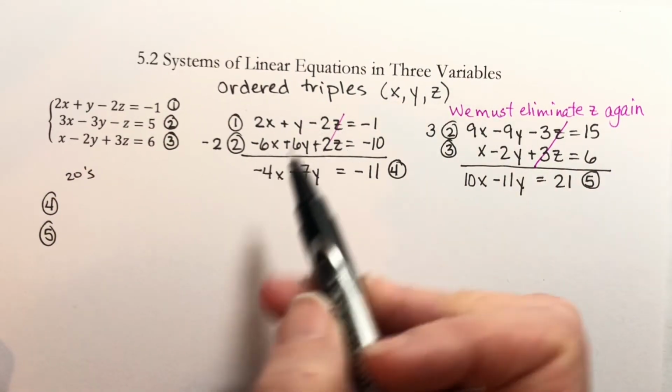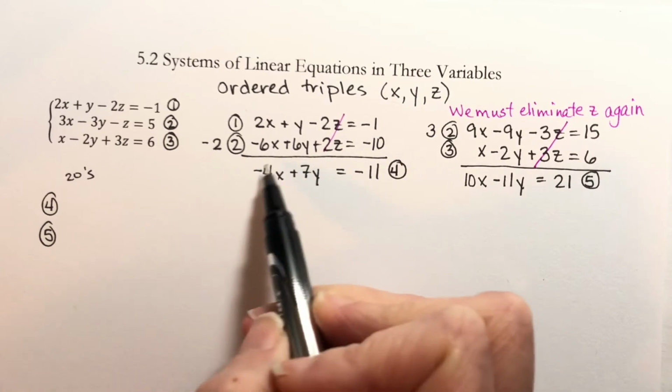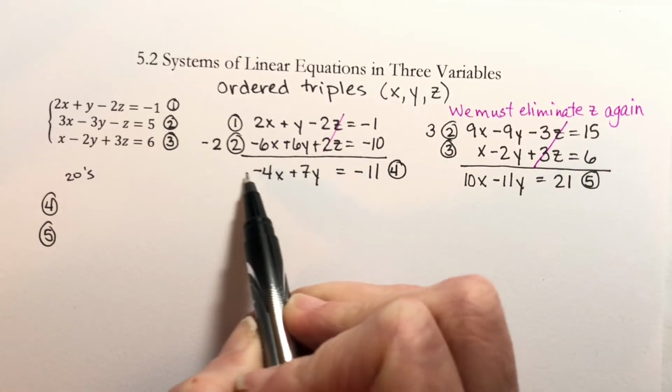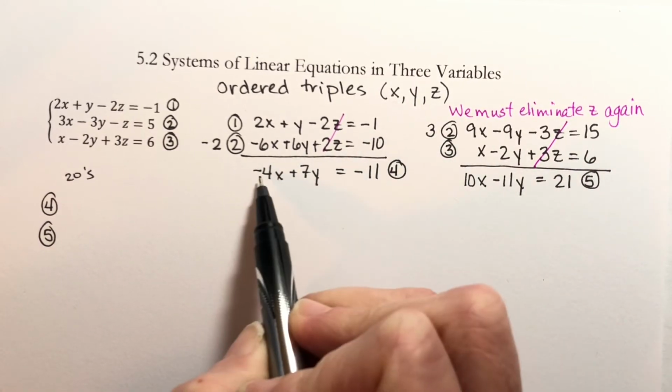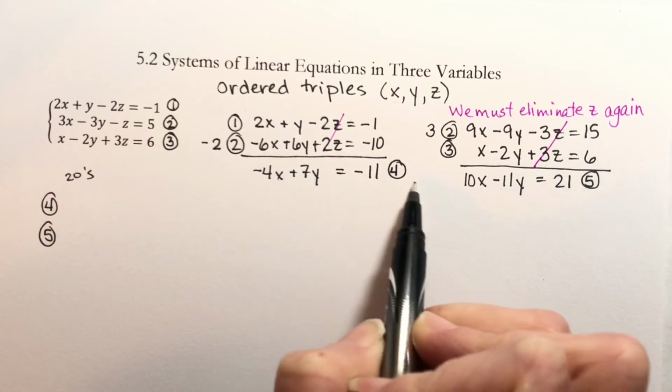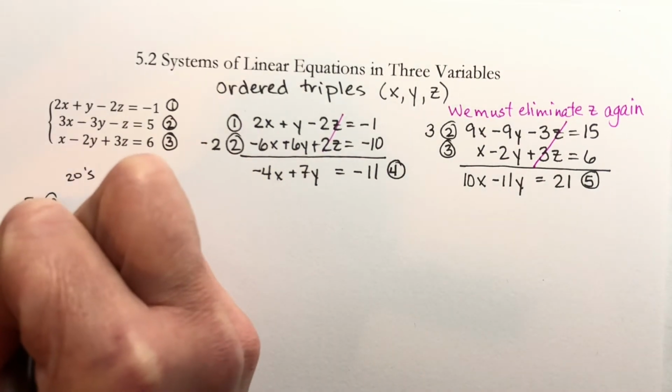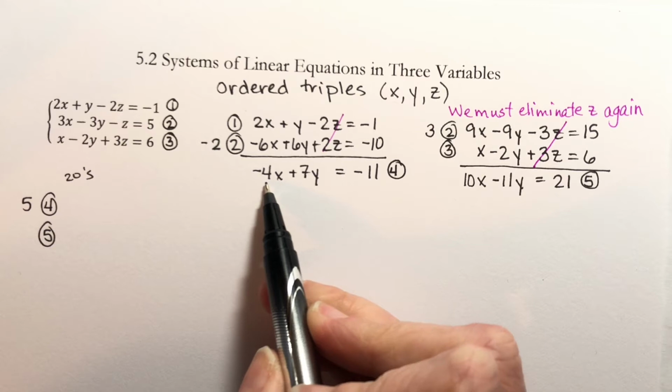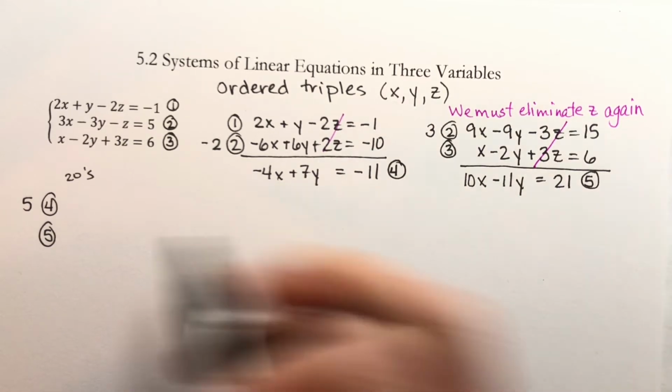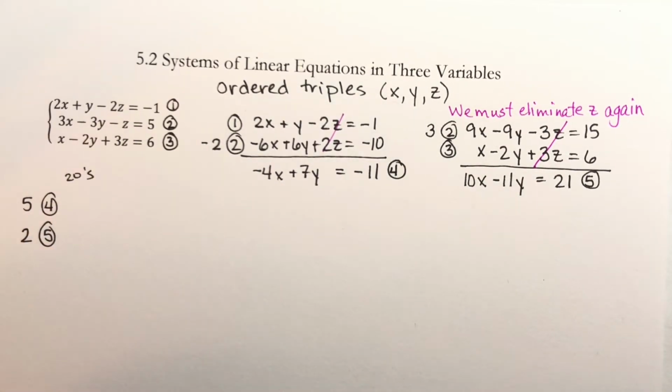So I'm going to get rid of x, and I'm going to turn these into 20s. Now they already have opposite signs. So if I multiply equation 4 by a 5, I will have a negative 20. And if I multiply equation 5 by a 2, I will have a positive 20.